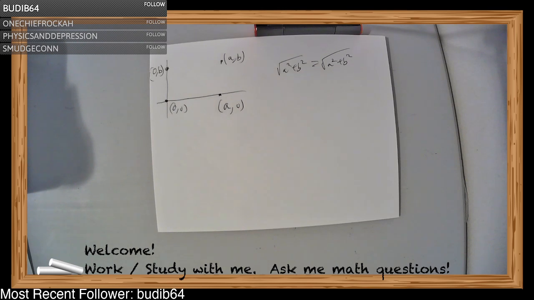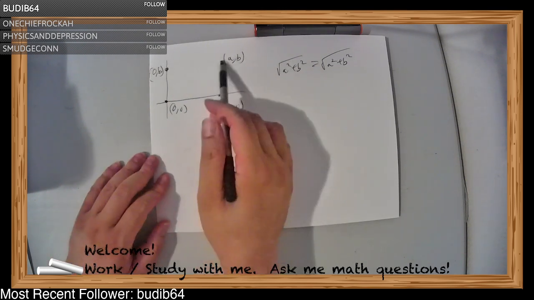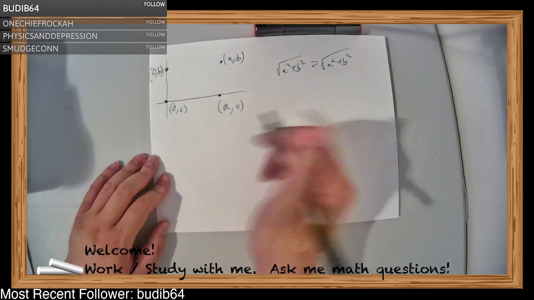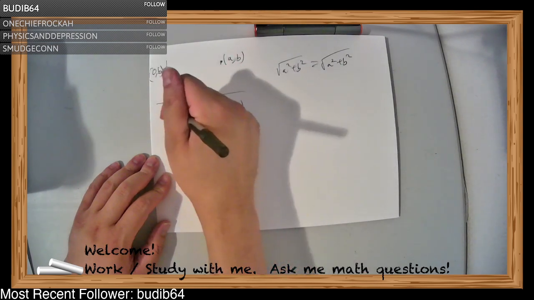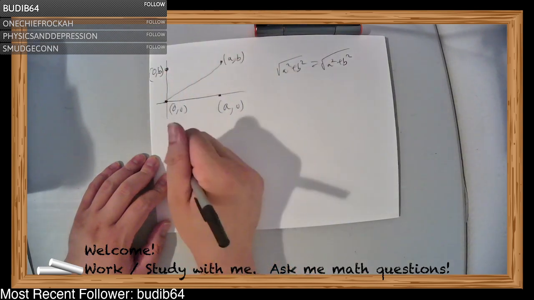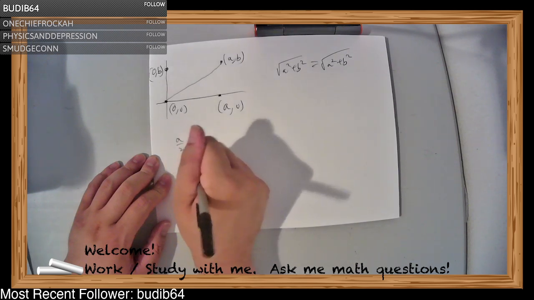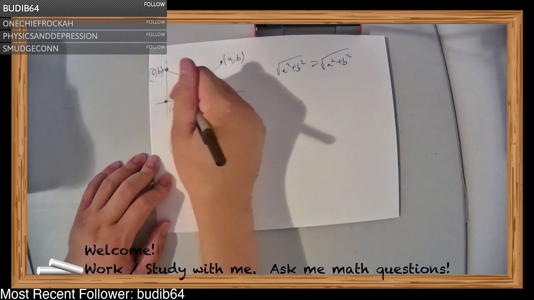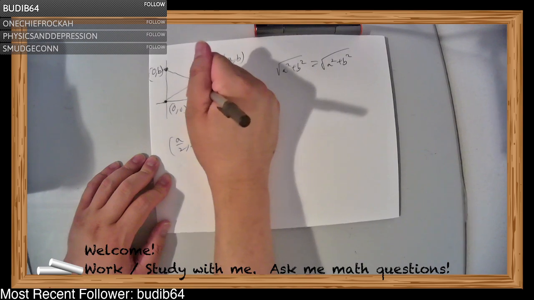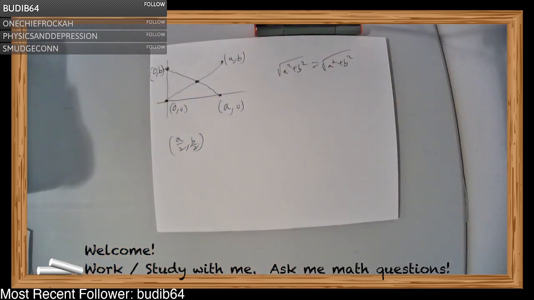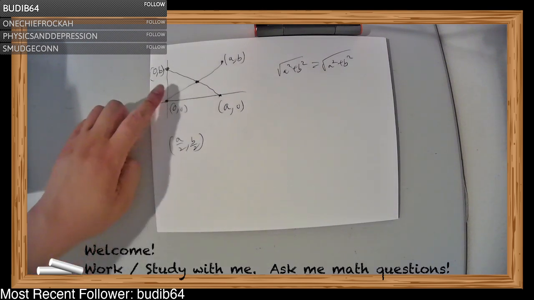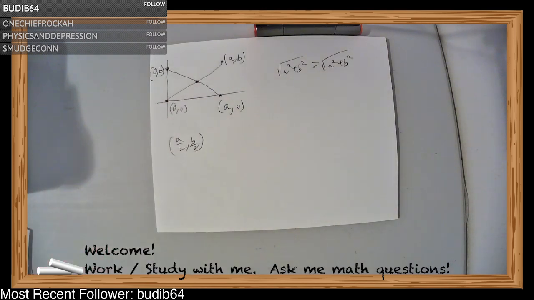Let's see if they bisect each other. Another way to say that is that the midpoints of these two segments are the same. This diagonal has a midpoint of a over 2, b over 2. This diagonal has the same midpoint. They both meet here, so they do in fact bisect each other. And as a corollary to that, the rectangle can also fit inside a circle.